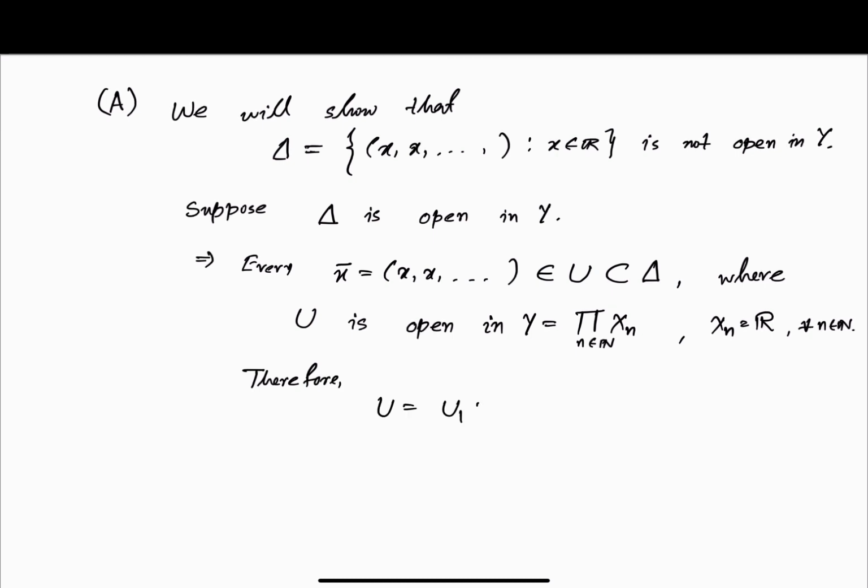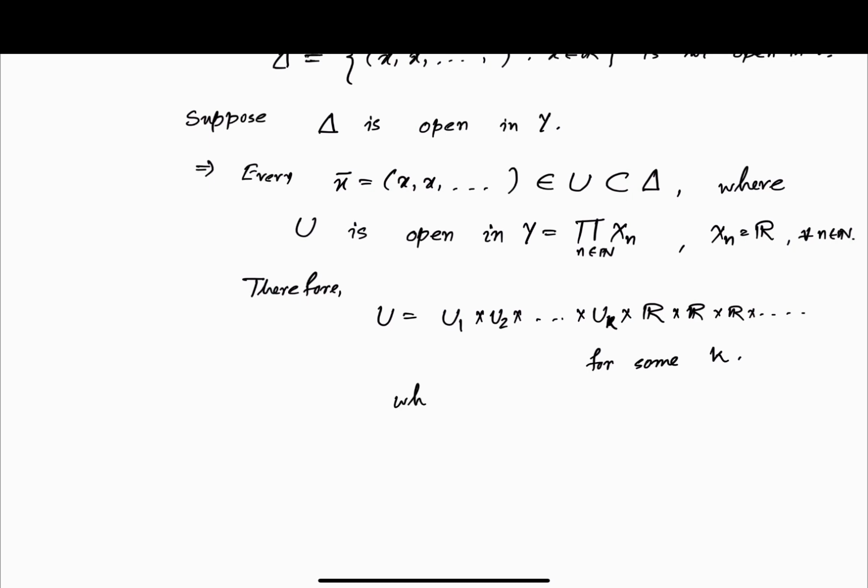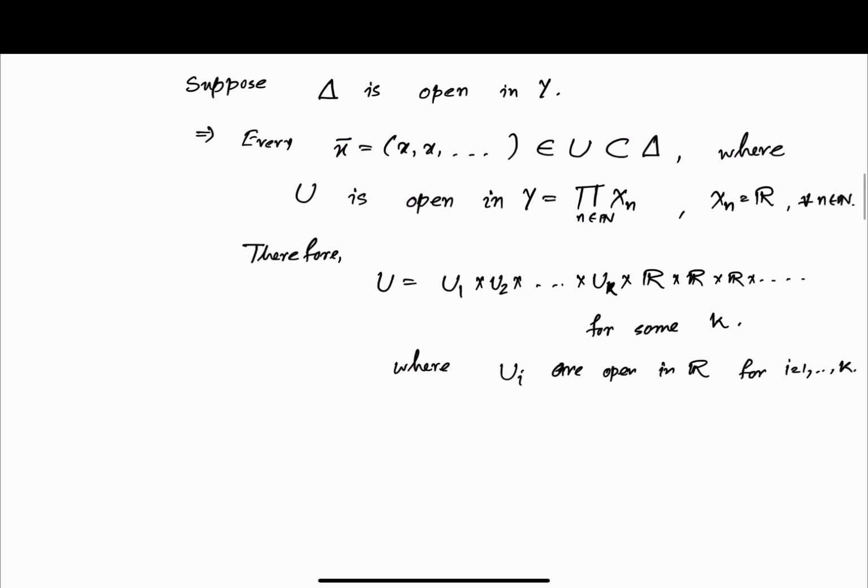U will be some U1 cross U2 cross dot dot dot Uk cross, and after finitely many, these are all R, for some k, where Ui for i equals 1 to k are open in R. This is the basic open sets in the product topology.